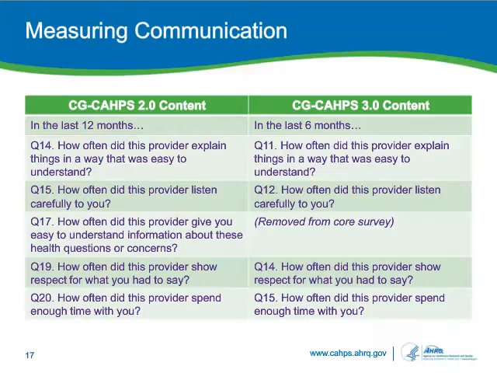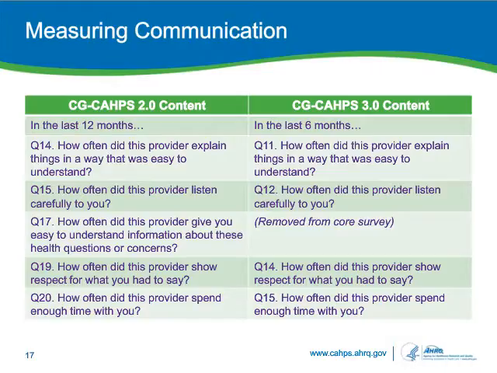We've dropped the question about easy-to-understand information about health questions or concerns. We've kept the item on the provider showing respect for what you had to say, and the item on how often this provider spent enough time with you. Again, this results in a shorter, tighter measure with improved validity and reliability.